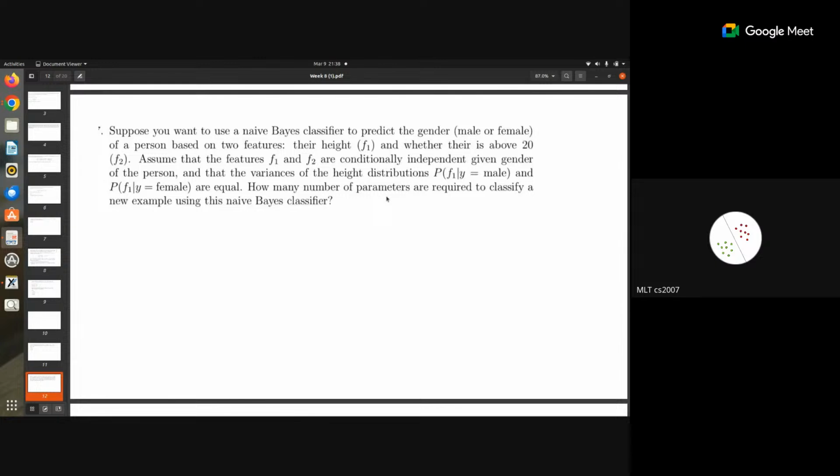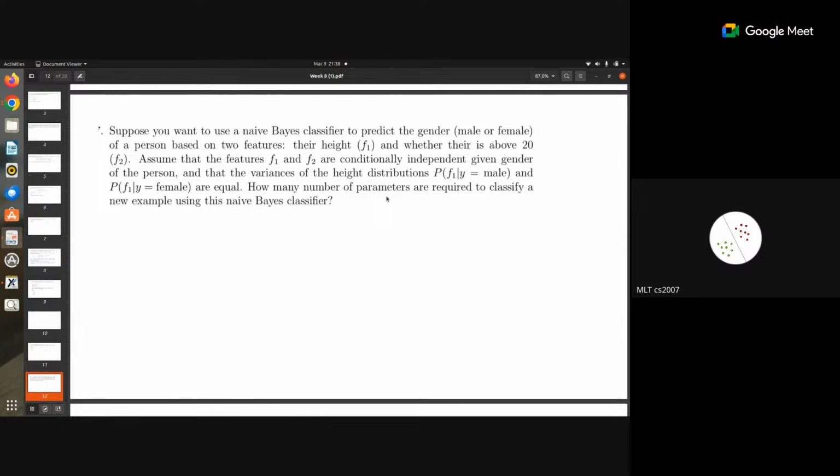Assume that the features are conditionally independent given the gender of the person, and that the variances are equal. How many parameters are required to classify a new example using the naive Bayes classifier?